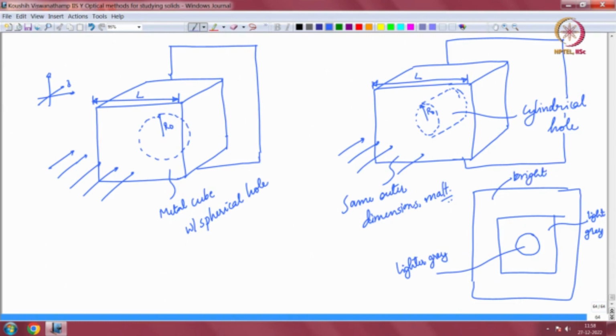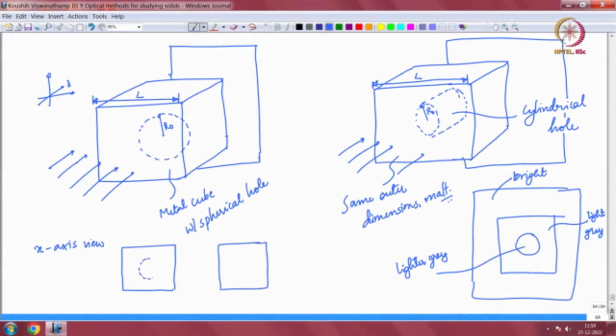From a shape point of view, the two images will look identical, but from an intensity point of view, the variation in intensity from this light grey to lighter grey, or the medium grey to light grey if you like, will be different for the sphere and different for the cylinder, okay. Because the light, if you look at a view from the x axis, I will draw a smaller version here, a smaller version here.